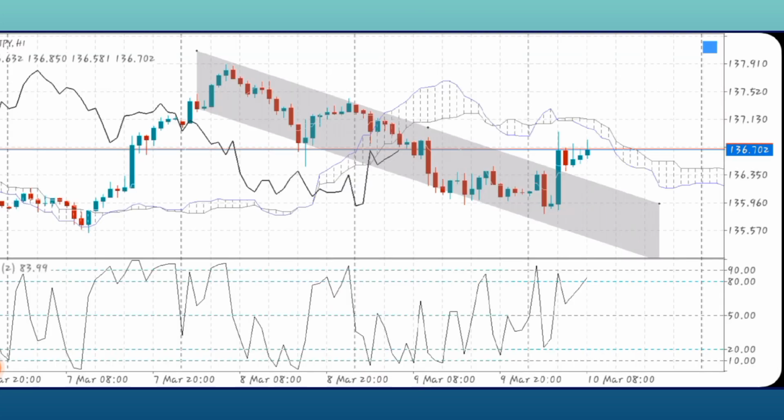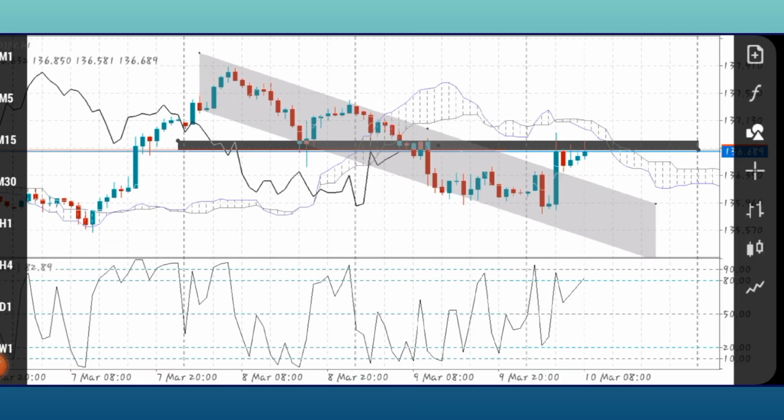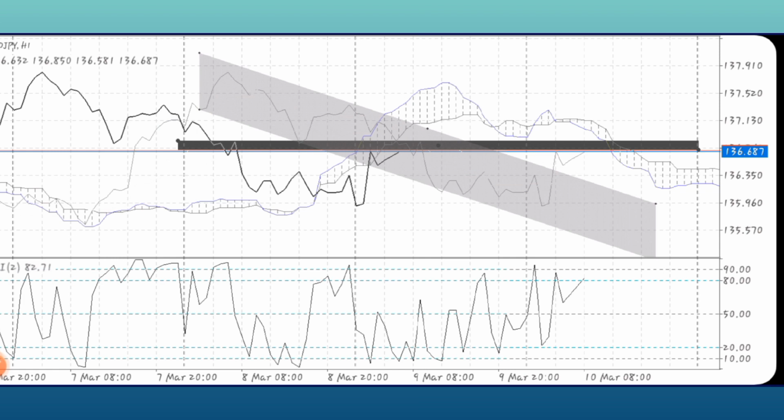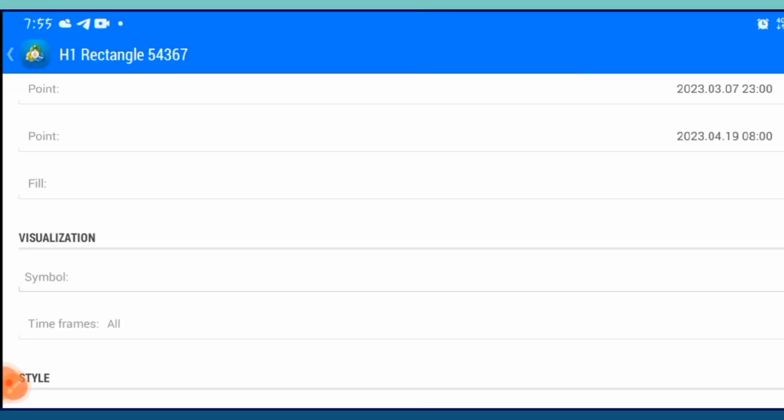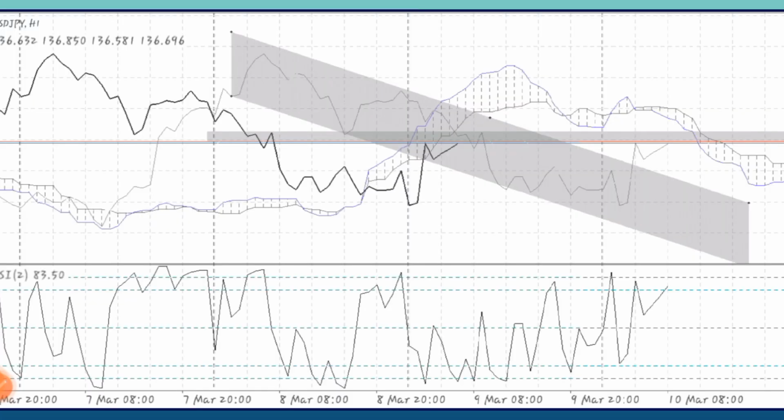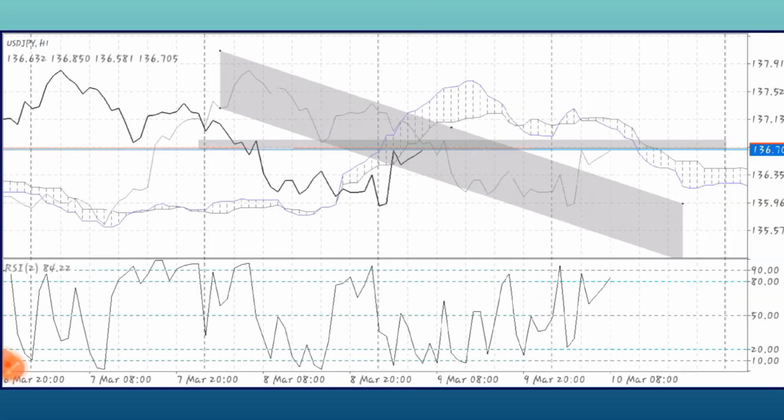So now I change it to line chart so I will know what I'm doing. Okay, now I will make it touch the lower point of the candle and the top of the candle.